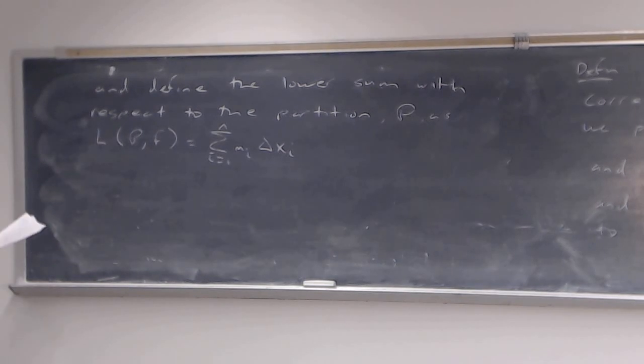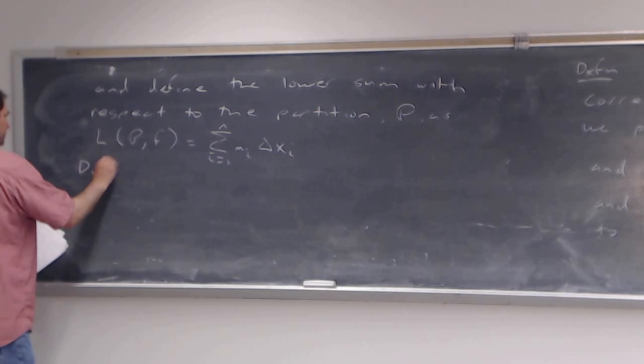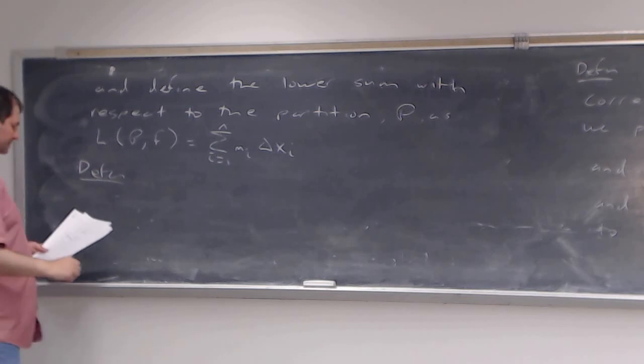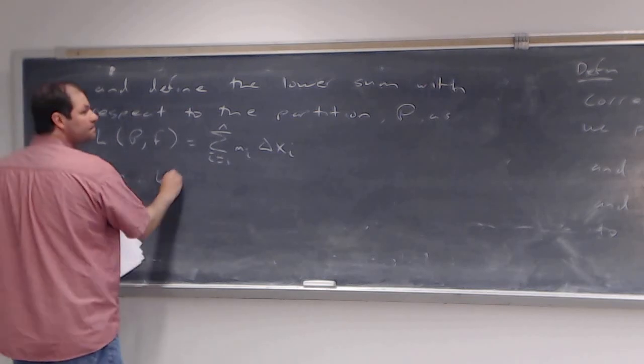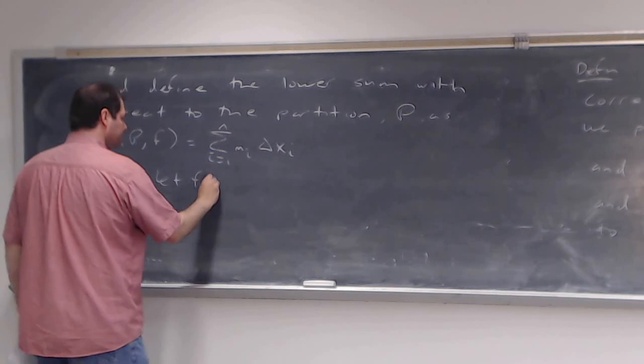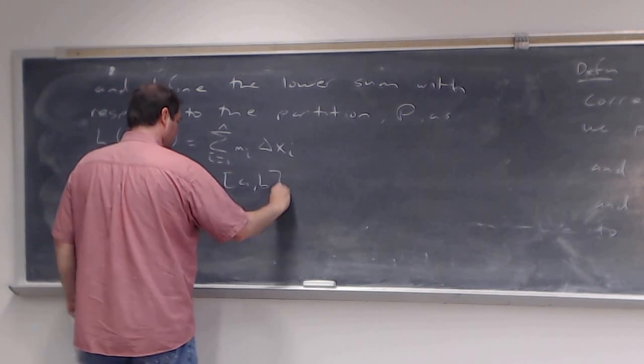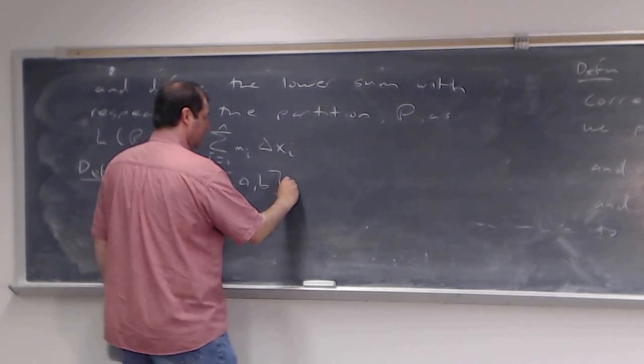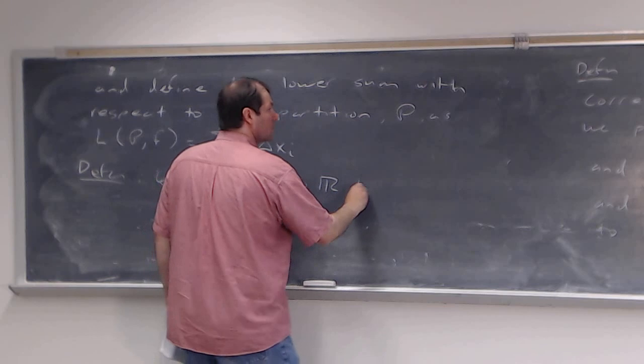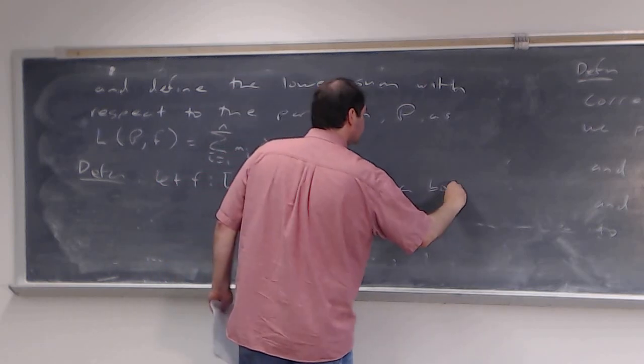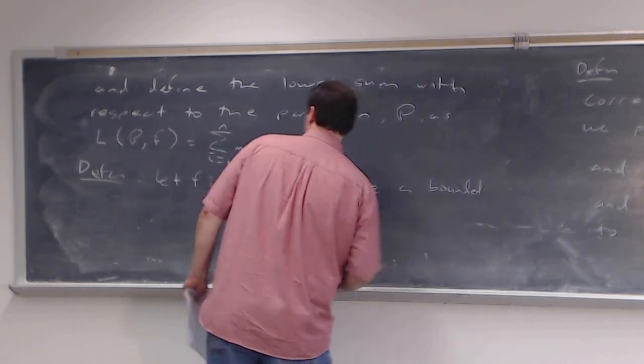Okay. So the next thing we'll do is make another series of definitions. We let f going from [a, b] into R be a bounded function.